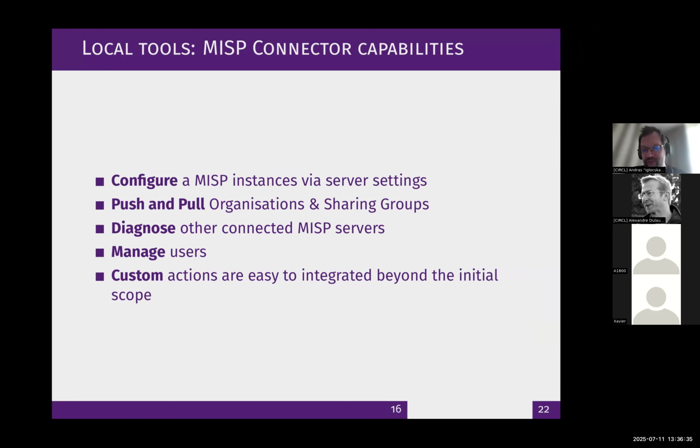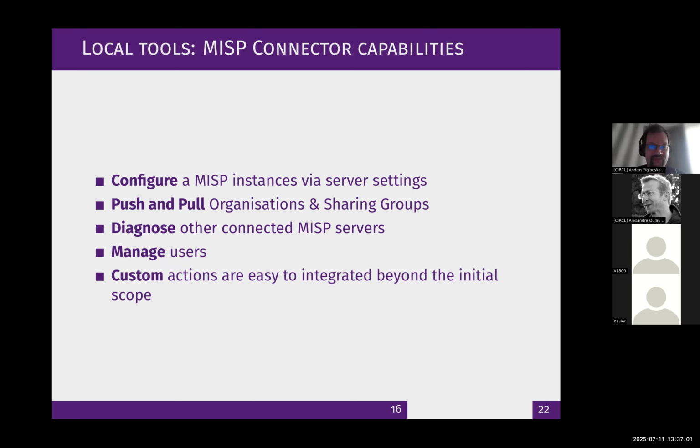So what local tools can do, so these are basically tools other than Cerebrate itself that are sitting within your organization's premises and are connected to your Cerebrate instance that you manage through Cerebrate. So here are some ideas of what we have available there. The one that we fleshed out in terms of integration is obviously MISP.